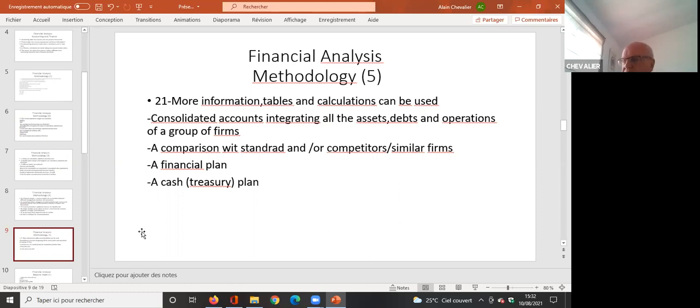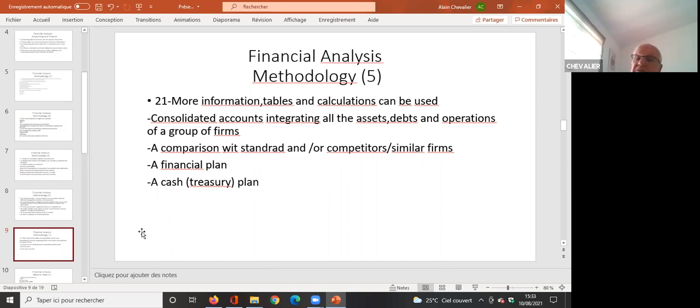If you make an analysis in trading companies, generally the ratios are very small. On the contrary, the return on equity can be very high. But if you compare, for example, to luxury firms, they always have very high ratios of operations on sales.